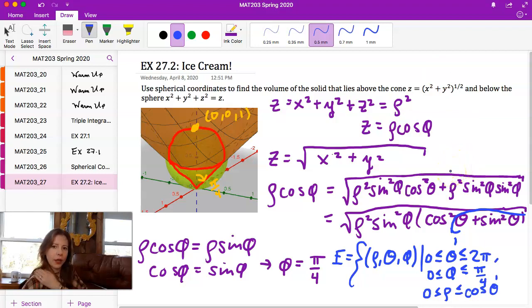Hold on one sec. Let me just adjust this. That's supposed to be phi.